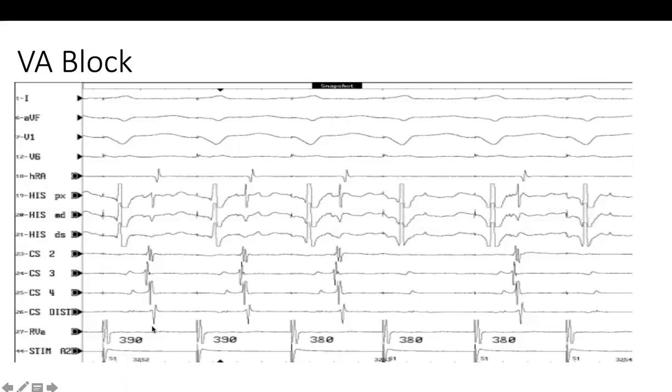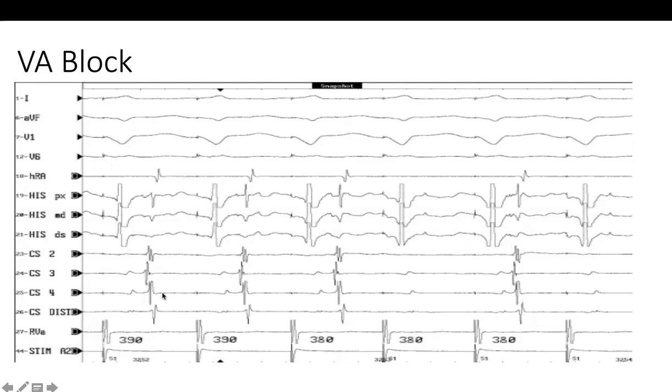I cannot comment much because they said 2, 3, 4 distal, which is odd for me. Ideally it could be proximal-distal or distal-proximal, regardless, we know the distal is the latest.